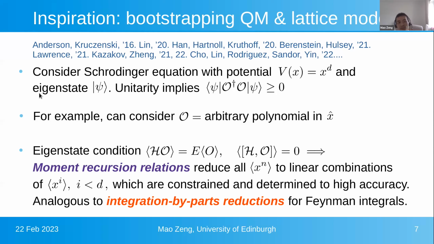And so you can build up more and more constraints to constrain the first few moments to a very high accuracy. And this essentially allows you to algebraically solve the energy spectrum to a high accuracy.